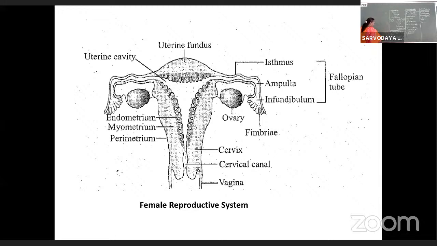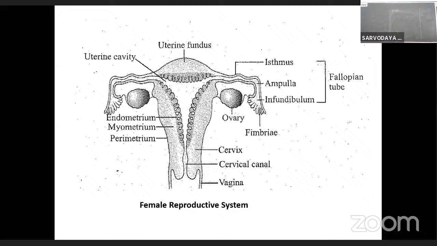Now in case of the female reproductive system, what are the parts included? Now all of you can have a look at the diagram. As I mentioned, the important diagrams in this chapter, the 2 main diagrams, are going to be the male and female reproductive system. So when you look at the diagram, the female reproductive system can be asked for a 5 mark question.